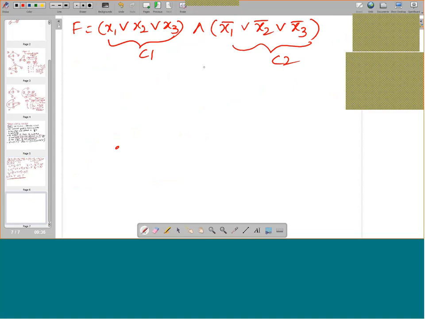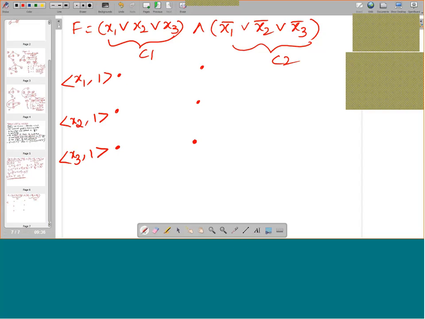The same example we have discussed in the previous class also, that's why I am going fast. In C1, what is the first literal? X1. So the vertex will be denoted like this: (X1, 1). Next, the second one, (X2, 1). Next, the third one, (X3, 1).